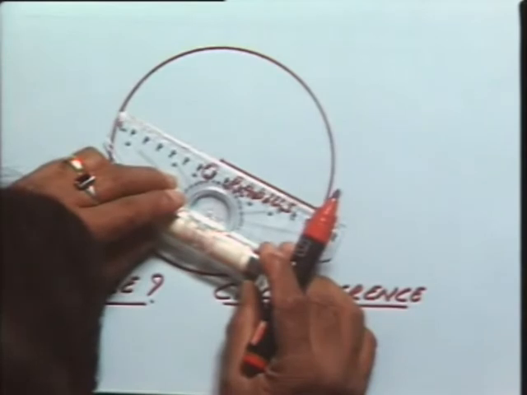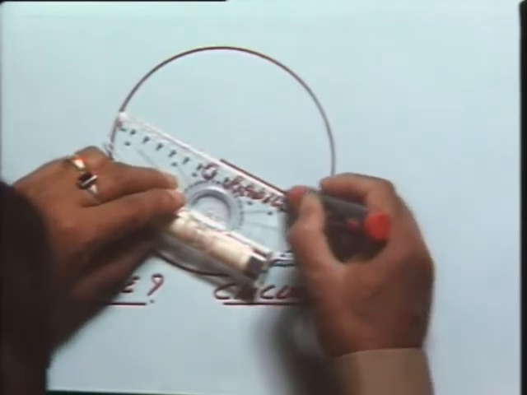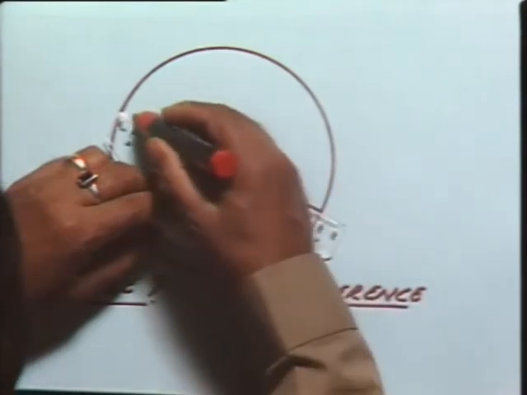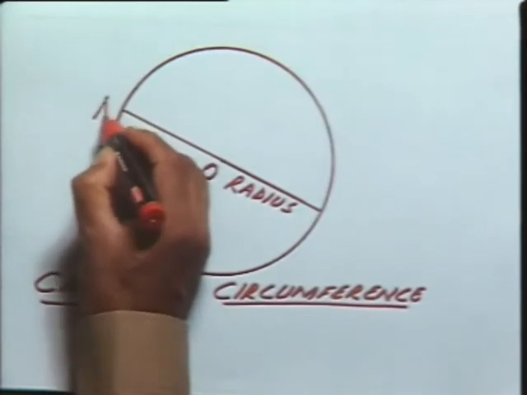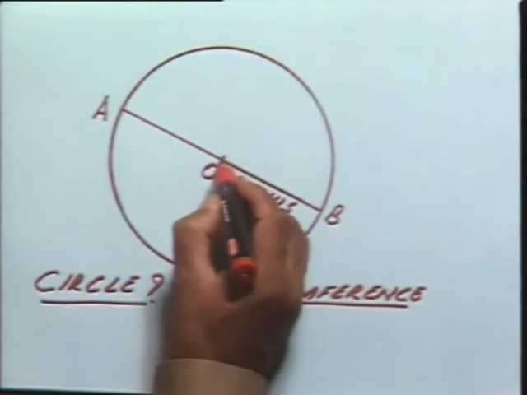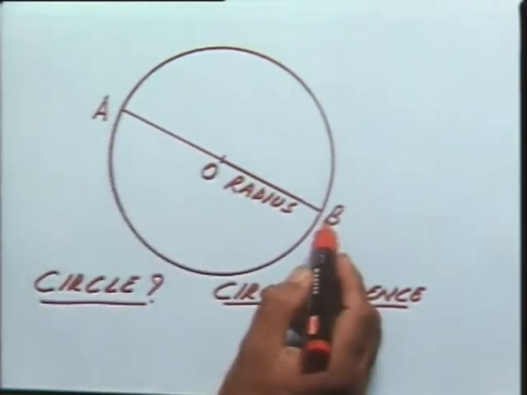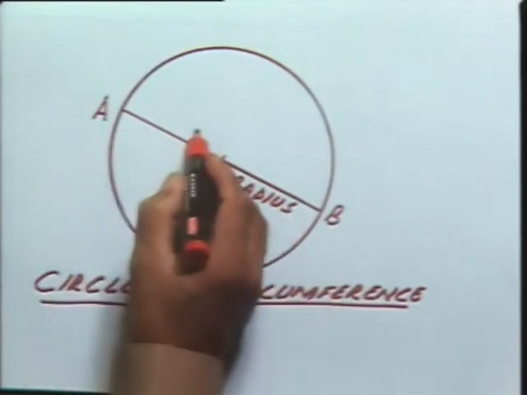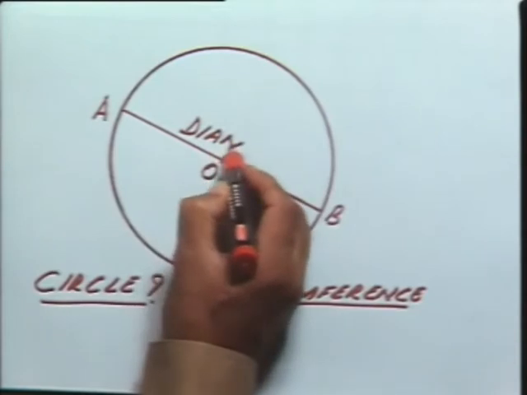That is, in case I extend the radius from end to end, that is, we take the other end on the circle again, and let us say this is A, this is B. Radius is OB, and from A to B it is double the radius, we term it as the diameter of the circle.